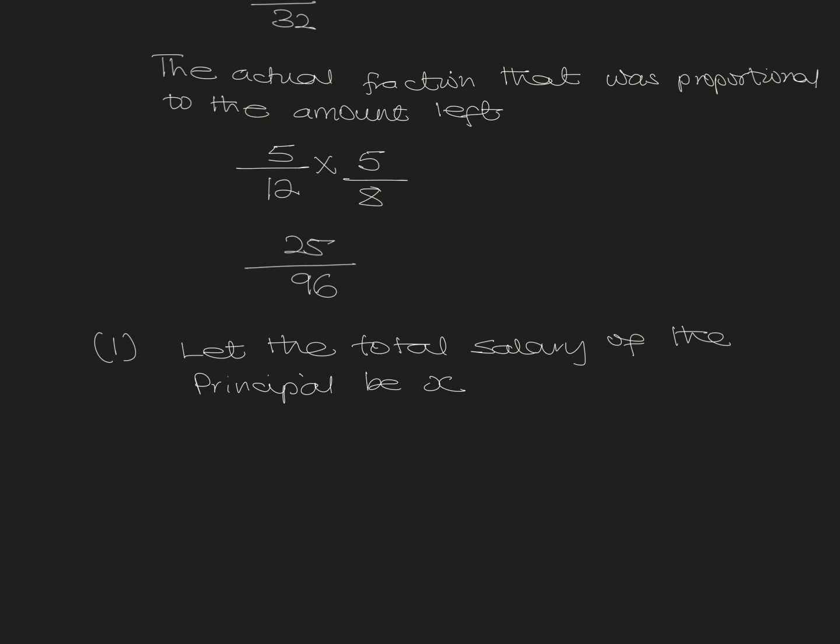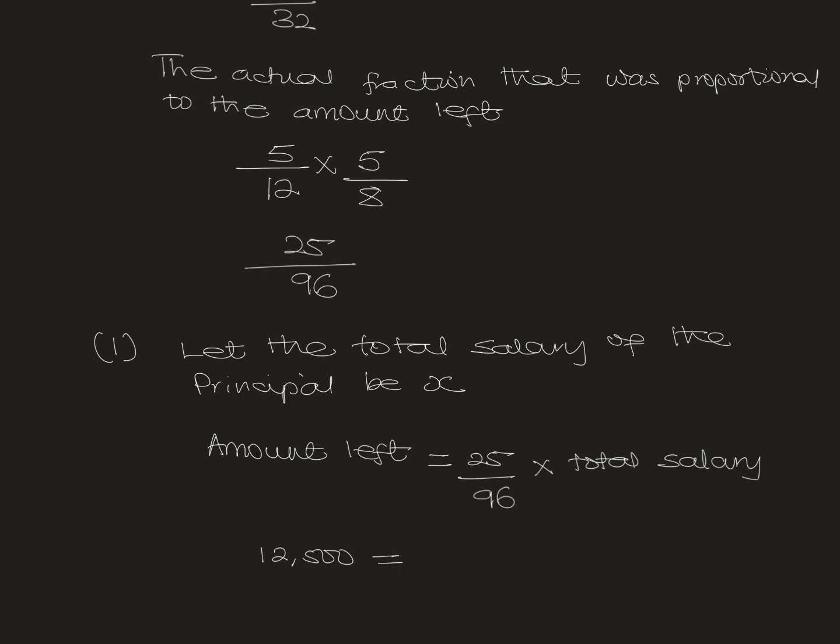The amount left would be equal to 25 over 96, right, times the total salary. So what was the amount left? It was $12,500.